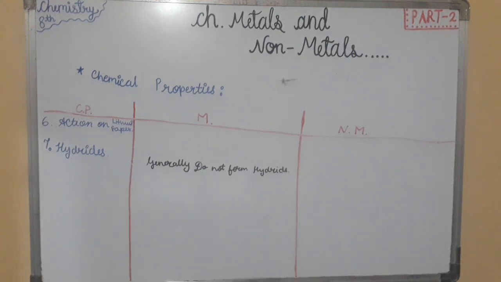Exceptions are sodium and potassium. And non-metals generally form hydrides with hydrogen. Example, NH3, HF, HCl, etc.